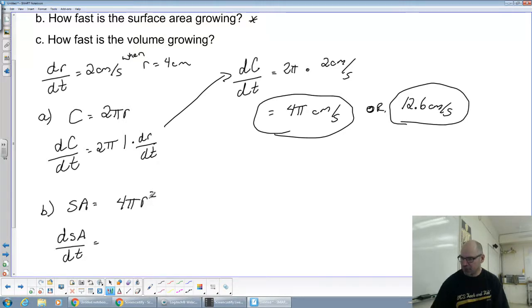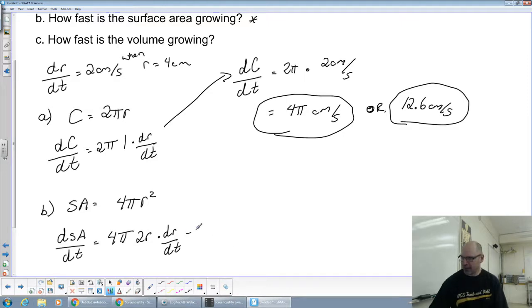Okay, and we take the derivative of this r because we have dr dt given to us. So the derivative, remember 4 pi is just a number. Okay, remember pi is just a number, it's not a variable. Okay, the derivative of r squared is 2r to the power of 1, and then we add in our dr dt. We have to multiply it just like when we're doing implicit derivatives. Okay, so there's the expression for surface area.